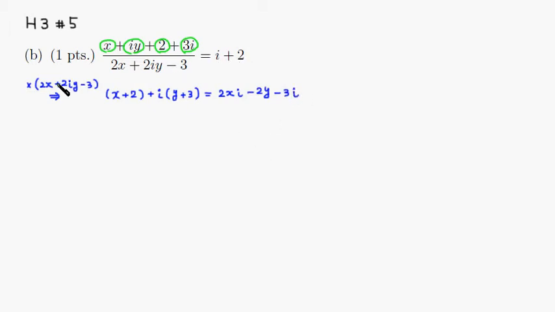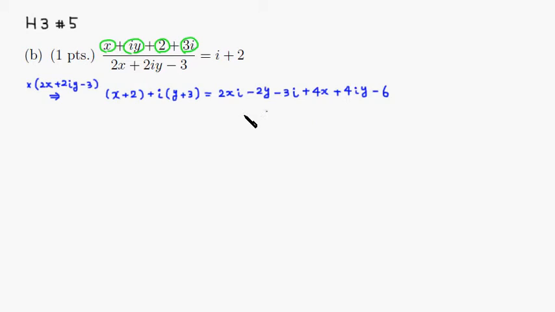Then 2 times 2x is 4x, 2 times 2iy is 4iy, and 2 times -3 is -6.